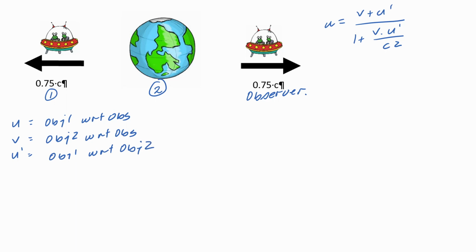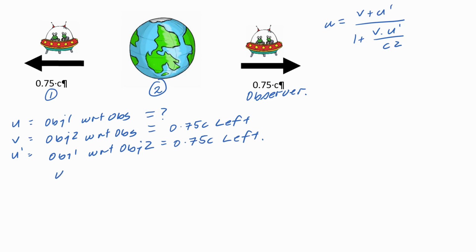So I'm looking to find object 1 with respect to the observer, so I'm looking for u. So object 2 with respect to the observer, well, the observer we consider to be stationary, so the Earth would be moving to the left at 0.75 c. So 0.75 c left, and then object 1 with respect to object 2 would also be 0.75 c left.